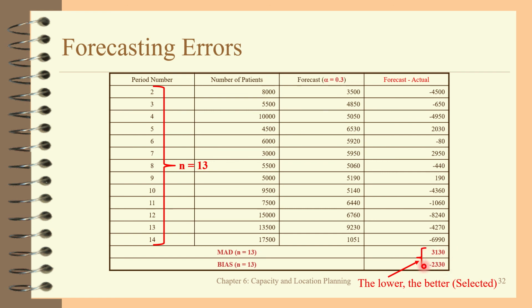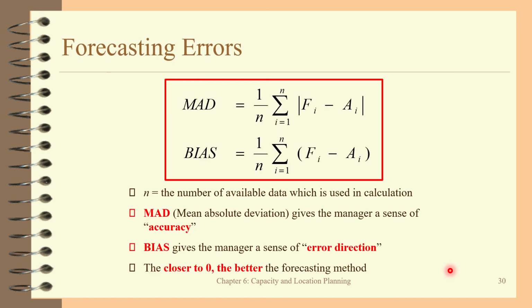So this is the way that you can find which approach is the best by using MAD and bias to compare. Don't forget that MAD gives you the sense of accuracy of forecasting and bias gives you the sense of error direction. In your exam, I may not ask you to directly calculate MAD or bias.